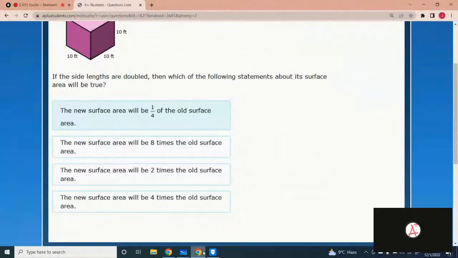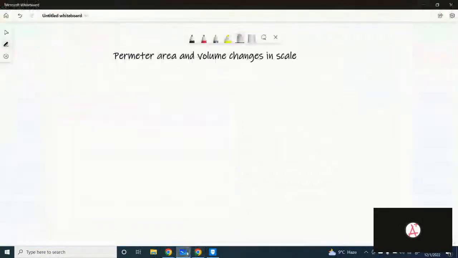So here we have a cube with the side lengths 10 feet and they are doubled. We have to find the surface area of the cube. The side lengths are 10 feet.